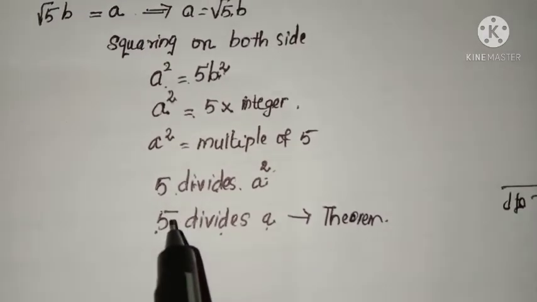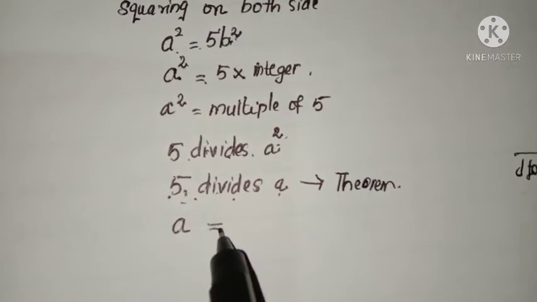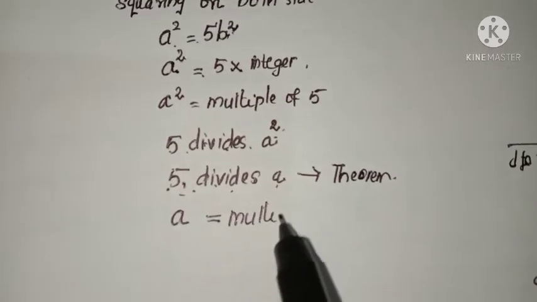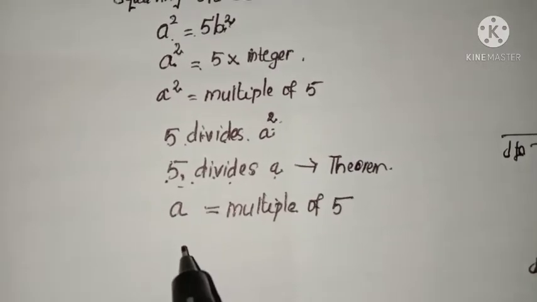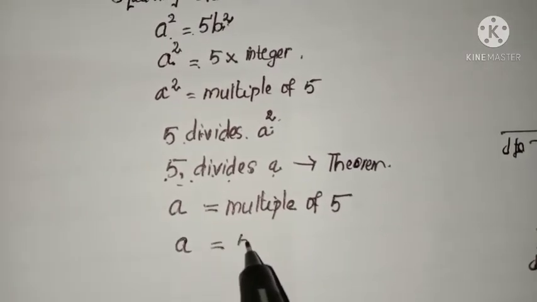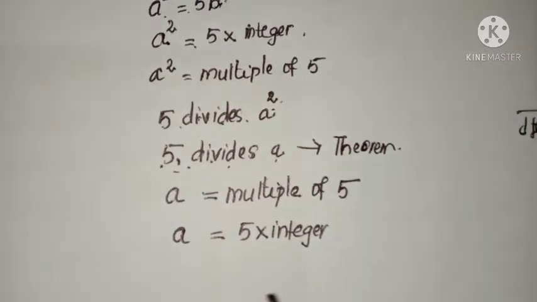Now what is the meaning of 5 divides A? 5 divides A means A is a multiple of 5. That is the meaning. A is a multiple of 5, or A can be written as 5 into a positive integer.